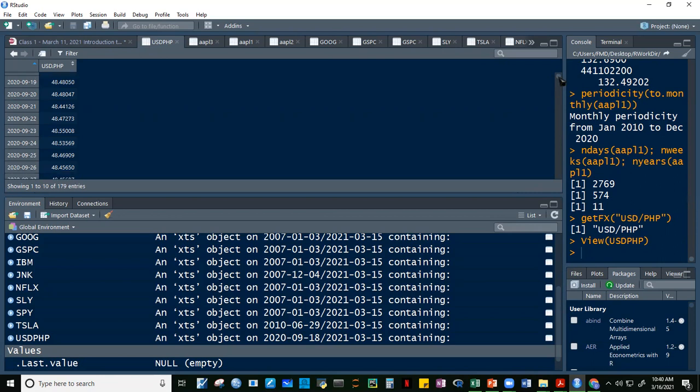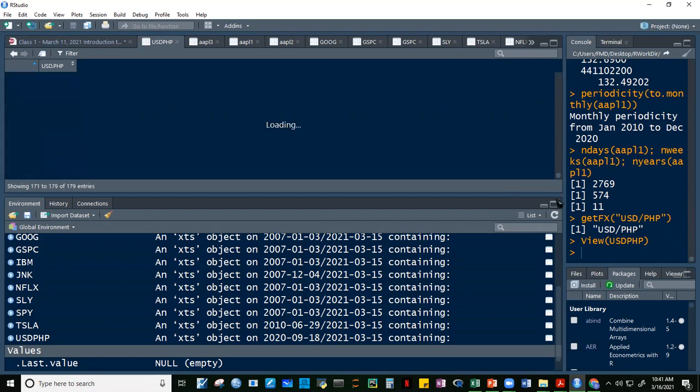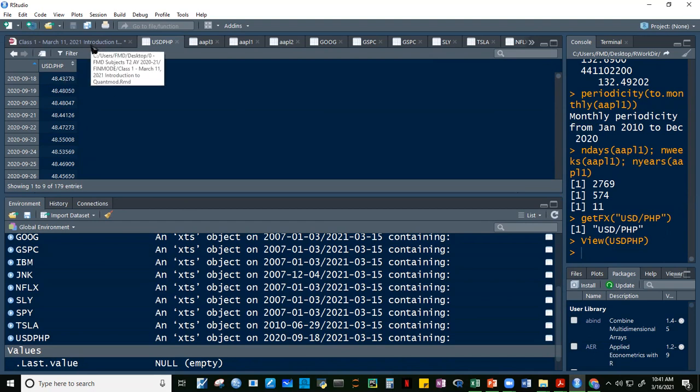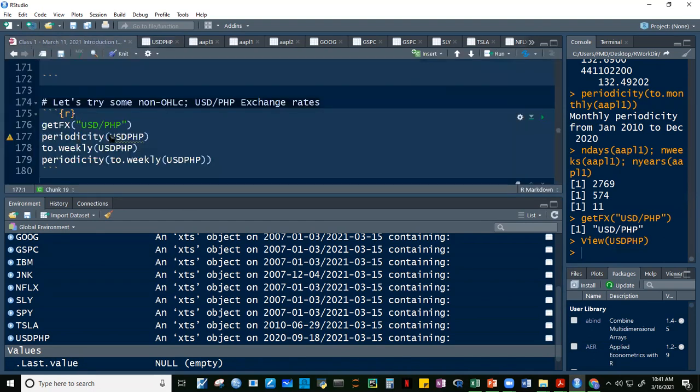I think ang default na 3 months yata. So starting with September 18, 48.43, that's a peso per dollar. And then 48.54. So those are the exchange rates, no? So that's for getFX.